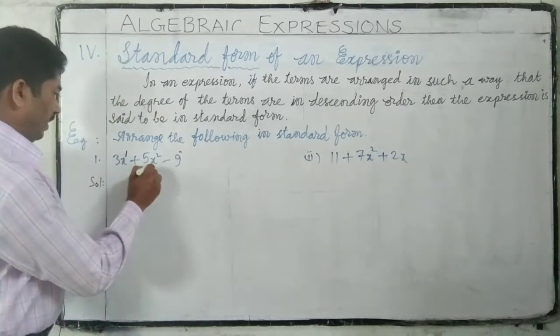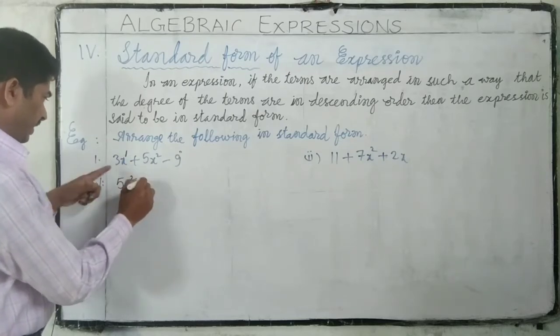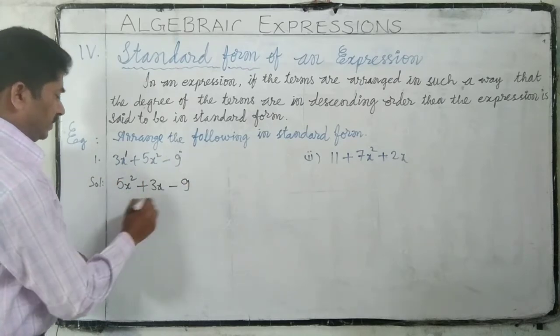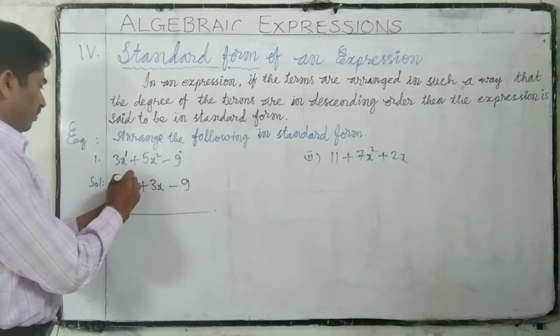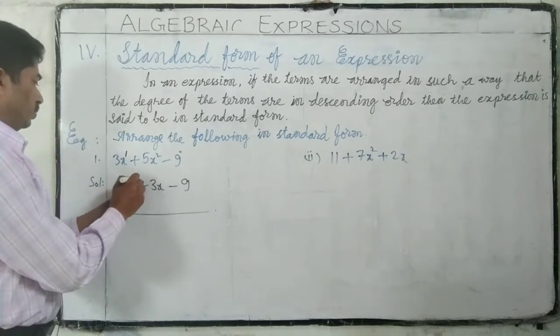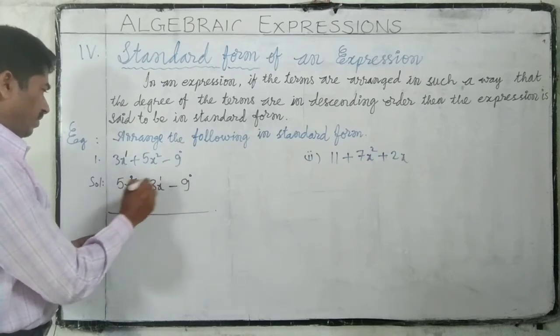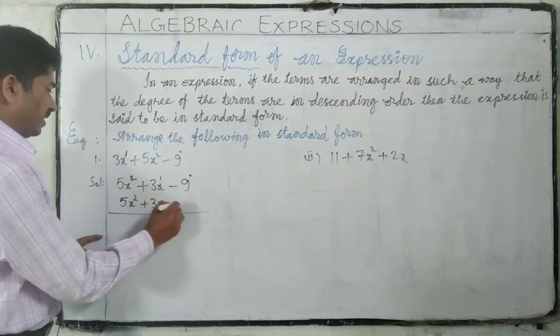So first we have to write 5x square, next 3x to the power of 1, which means 3x, minus 9. This is the standard form. The degrees of these terms are 2, 1, 0, so we write the final answer as 5x square plus 3x minus 9 only.